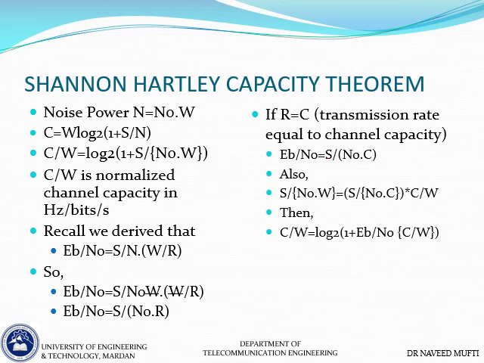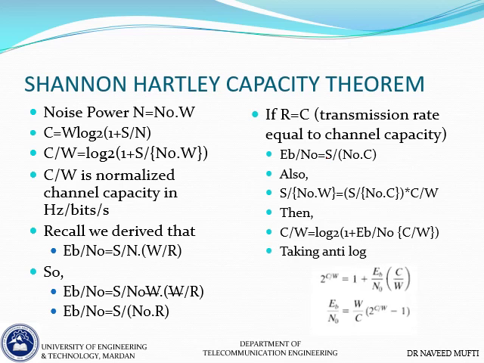And we know what C by W is. So C by W is equal to this, and substituting from the above equation, the expression for C by W becomes this.